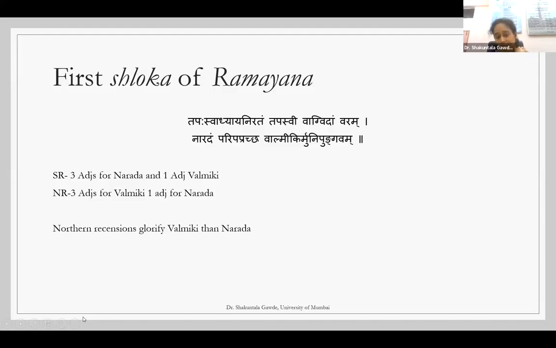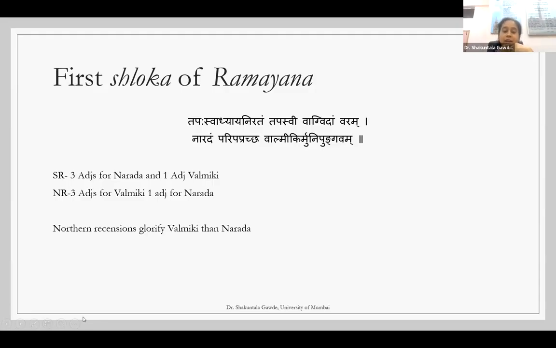Naradam Paripapracha. We can understand that by the vibhakti pratyaya which is applied. Valmikihi Muni Pungavam. Valmiki also has one adjective, Muni Pungava, the best among the Munis. So Valmiki asked Narada. Here we can see that there are three adjectives for Narada and one adjective for Valmiki in the southern recension.